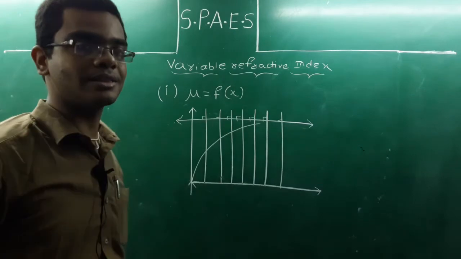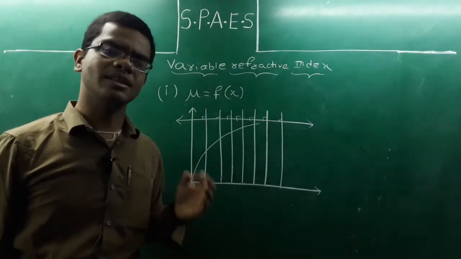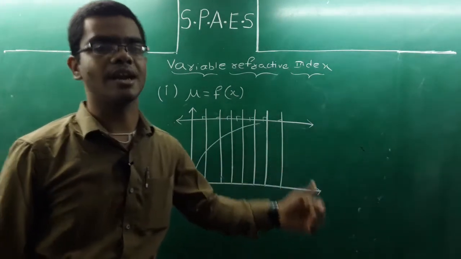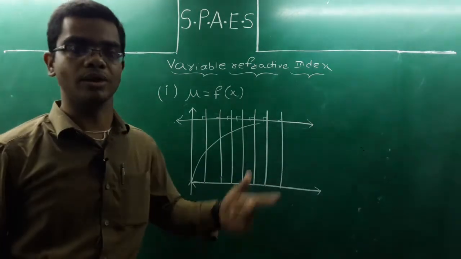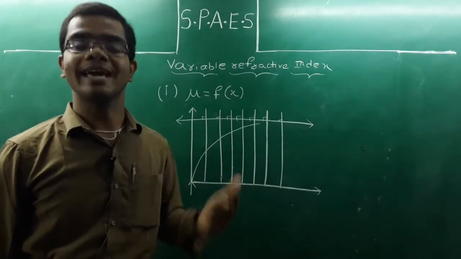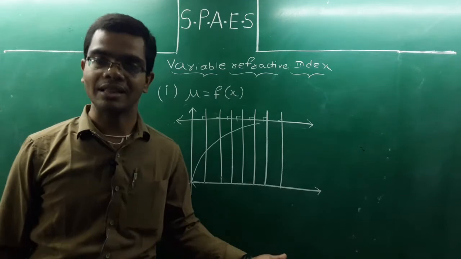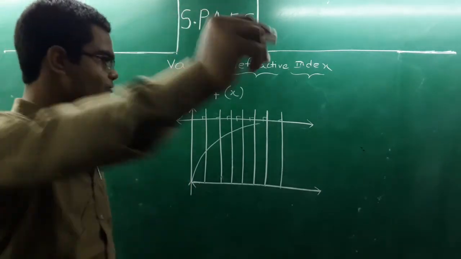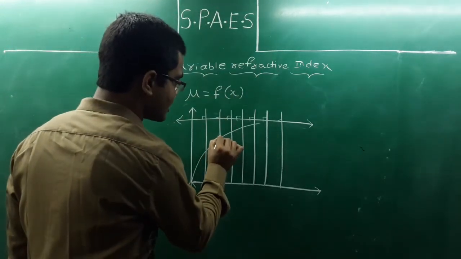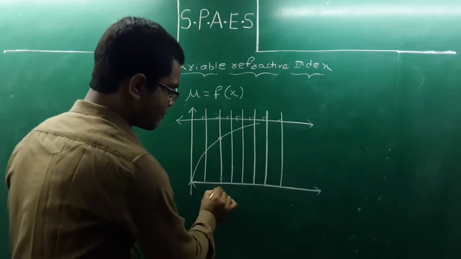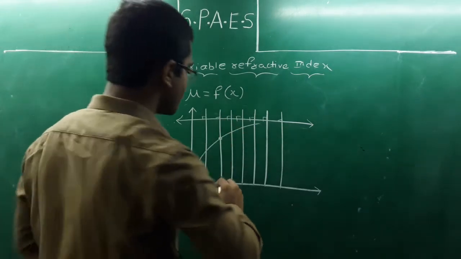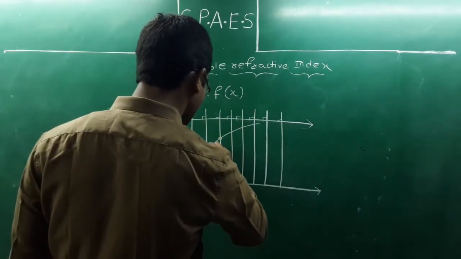Now what we require is the equation of this ray, or the path in which it is going. Is it a parabola, an ellipse, or a hyperbola? Let's consider one instance, at this point where the value will be x.